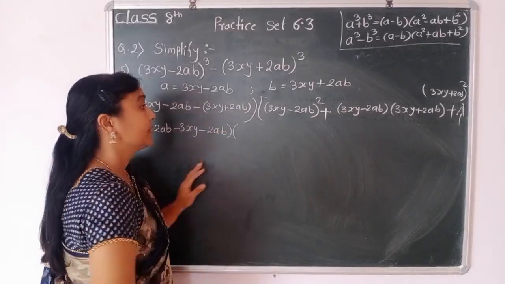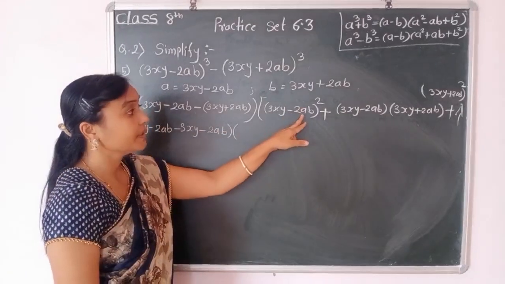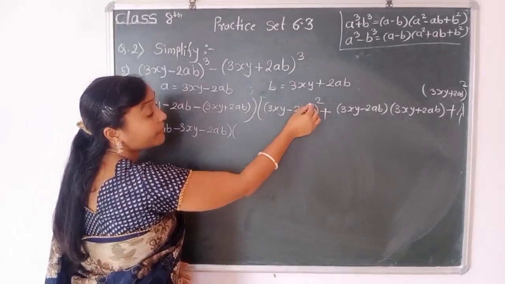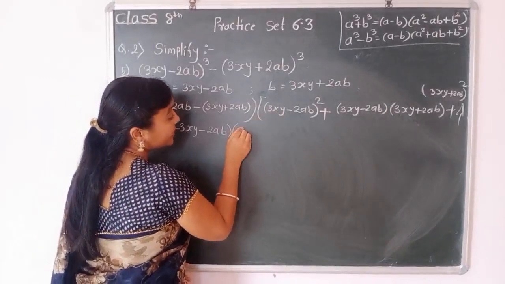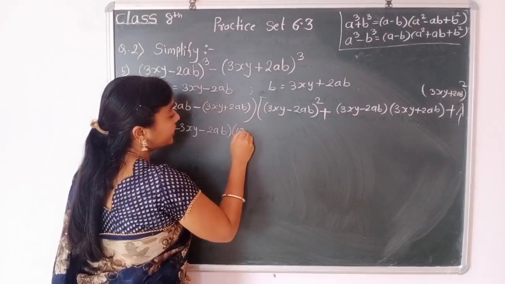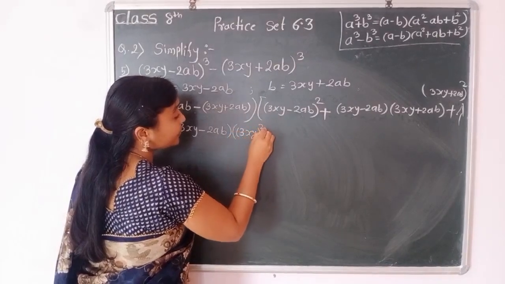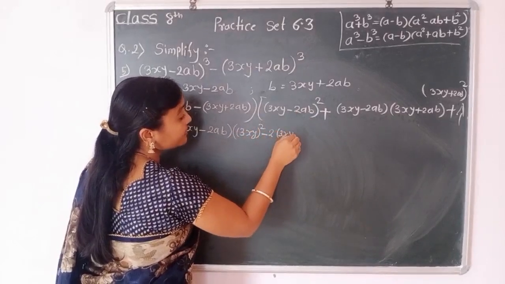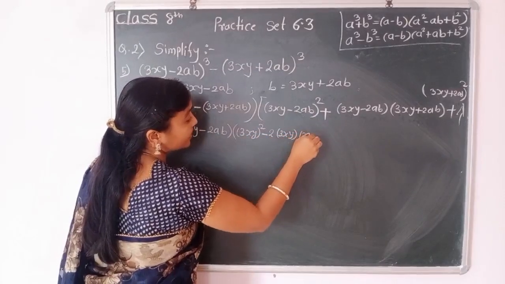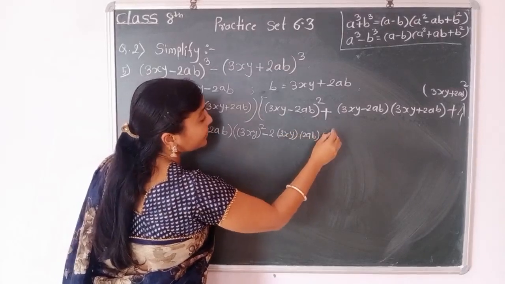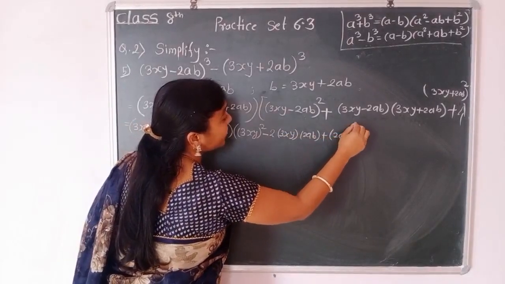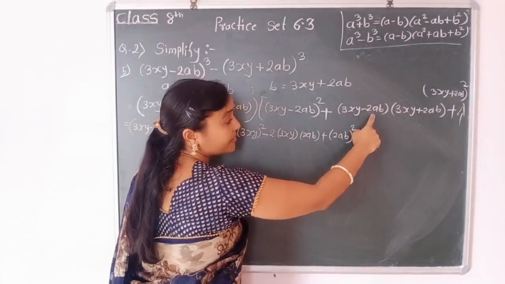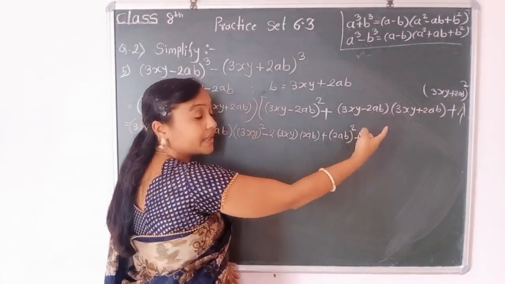Another bracket: a square. (a minus b) bracket square means we use here (a minus b) bracket square. A square means 9, here first (xy) bracket square, minus 2 into thrice xy into twice ab, plus b square, (twice ab) bracket square, plus (a minus b)(a plus b) equals a square minus b square.